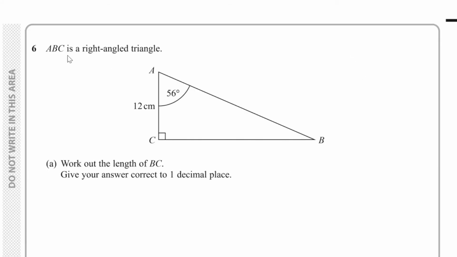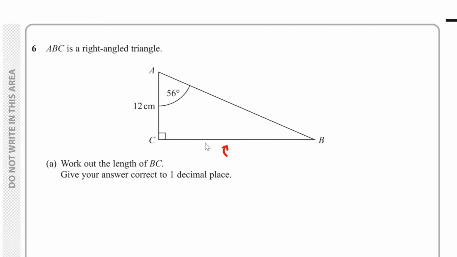Question number 6. We've got ABC, which is a right angled triangle. We've got AC, which is 12 centimeters. The angle CAB is 56 degrees, and we have to work out the length of BC, correct to 1 decimal place. Well, first of all, we need to label the triangle.